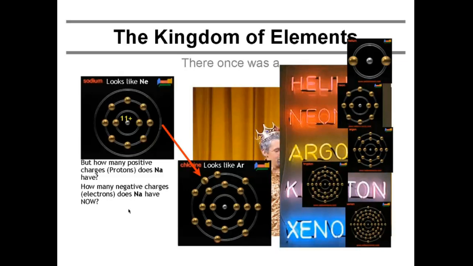If we count those, sodium is missing 1, so it has only 10 negative charges. And you can see the nuclear charges no longer balance with the electron charges on the shells. And therefore, sodium has an overage of a positive charge, and it actually becomes no longer a neutral atom. It is positively charged with a charge of +1.